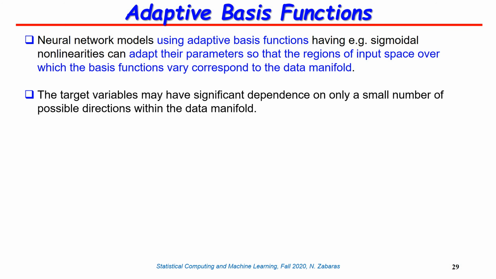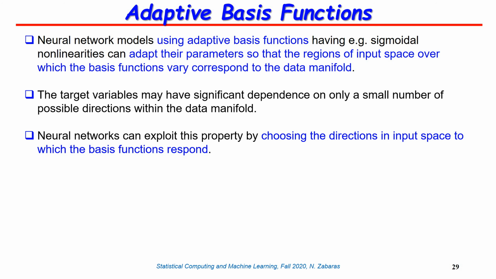Again, neural networks allow you to do this. These are ideas that go under the general name adaptive basis functions, and neural networks are one of the methods that can be used to produce adaptive basis functions. But if you take an advanced machine learning course, you will learn that there are many more methods that try in one way or another to address this particular problem.